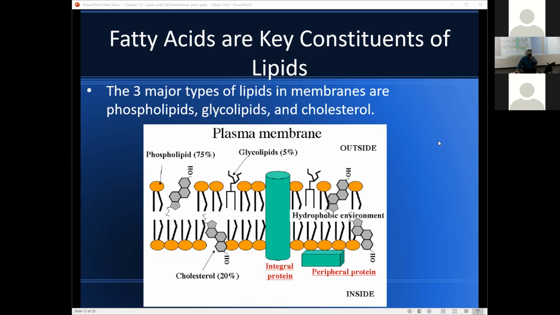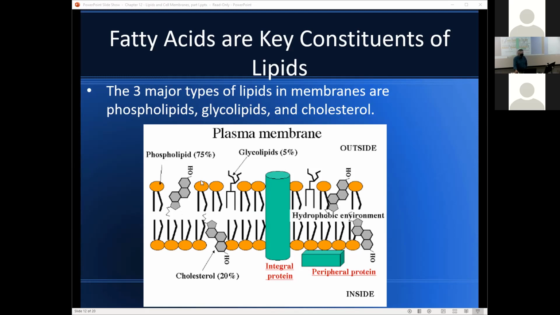Okay, so getting back to plasma membranes, there are three major types of lipids in plasma membranes. We have phospholipids, glycolipids, and cholesterol. Phospholipids are going to make up most of the lipids in cell membranes.